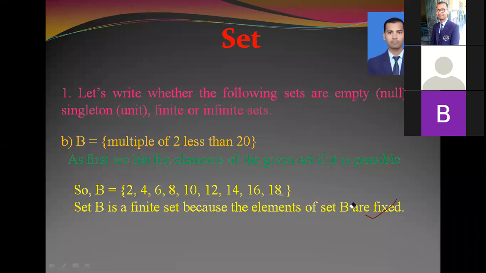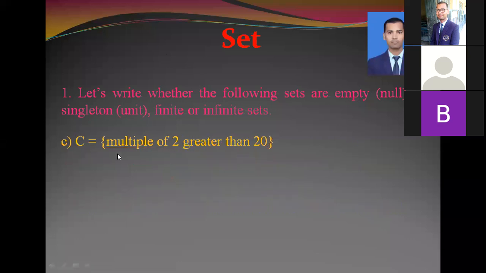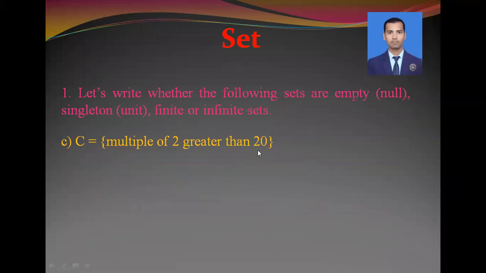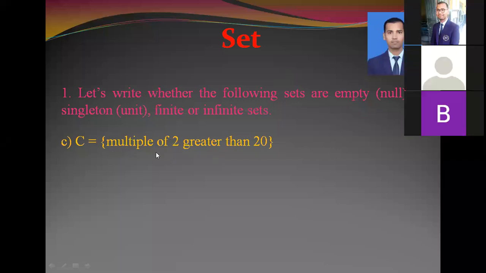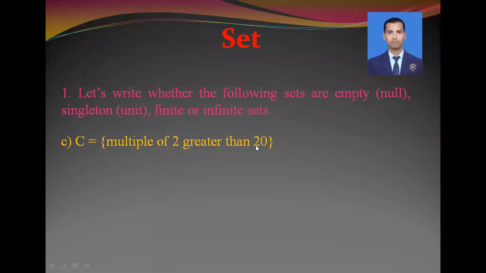In this way we can find which set is finite or infinite. In the same way, let's talk about the other question, that is multiples of 2 greater than 20. As we know, there is no limit to multiplication. That's why the question is telling us multiples of 2 greater than 20.